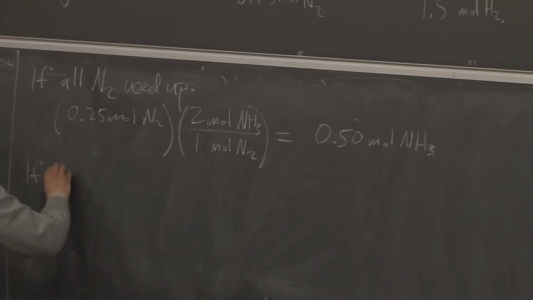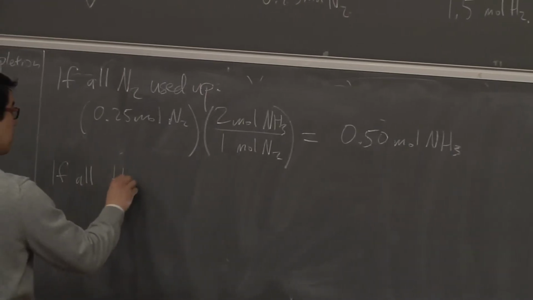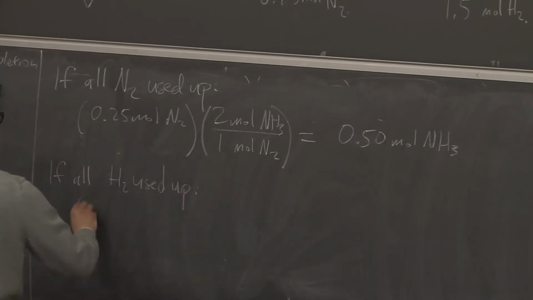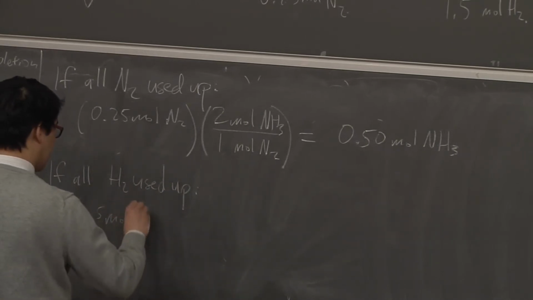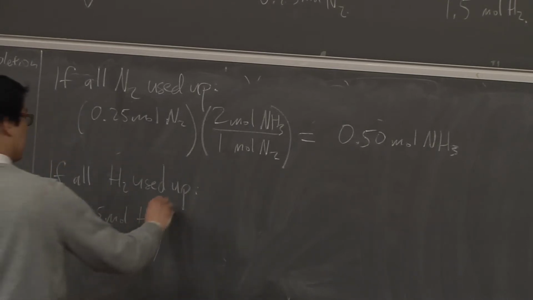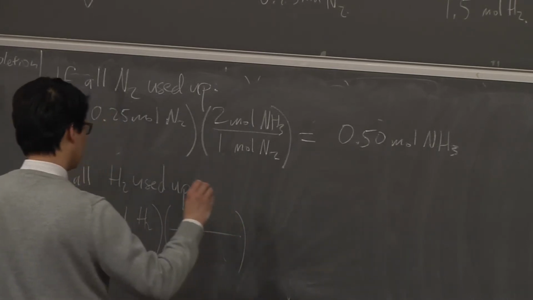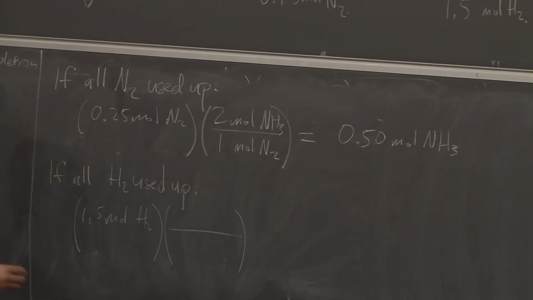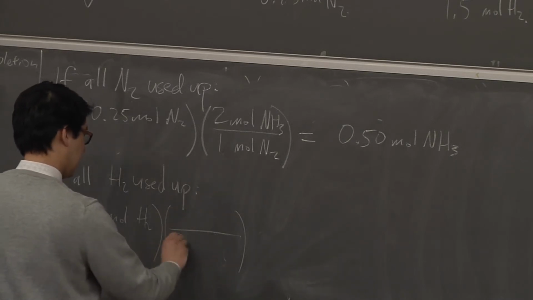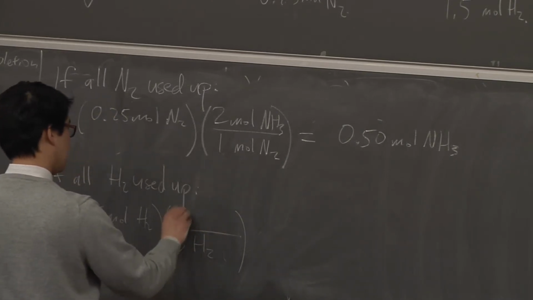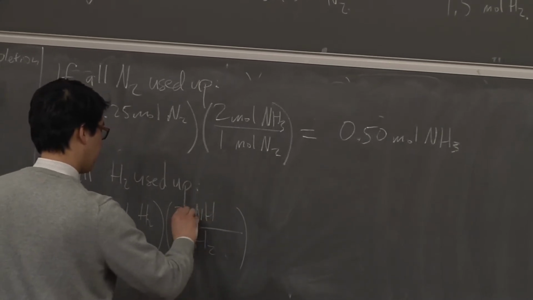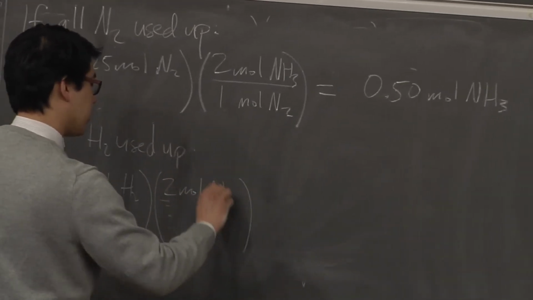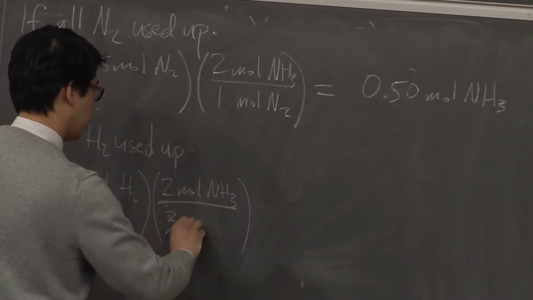Then if all the H2 is used up, I start with 1.5 moles of H2. And what goes here? 3 H2, 2 moles of NH3. So 2 moles of NH3 for 3 moles of H2.